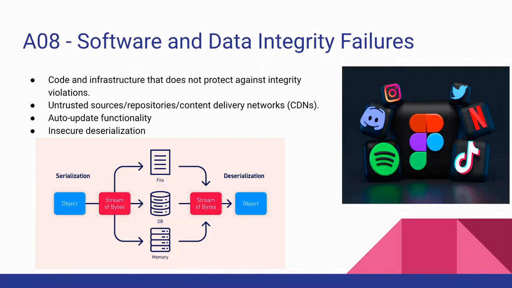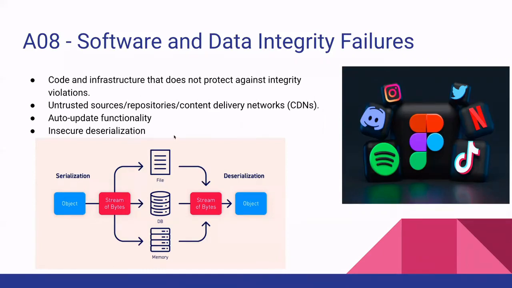Even for an operating system, you can set it to auto update mode, and it will just check and update. What can happen here is, if you're not checking where it is downloaded from, without sufficient integrity verification, attackers could possibly upload their own updates to that distributed software patch or update.